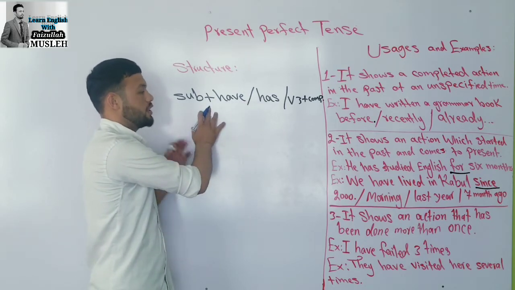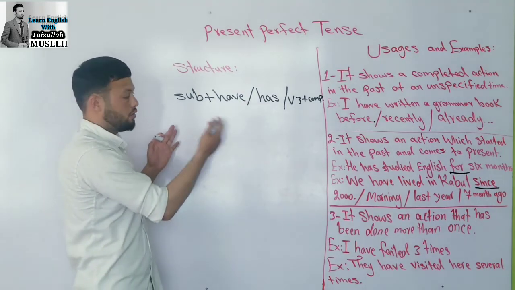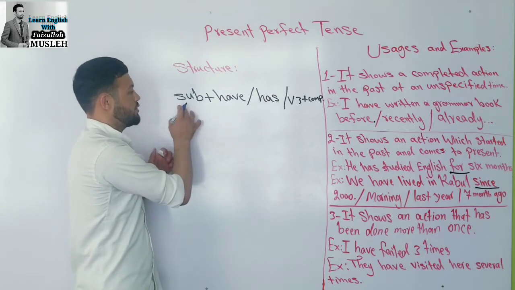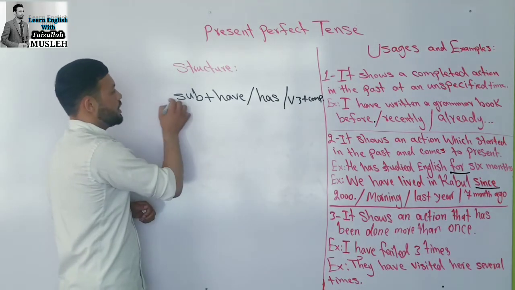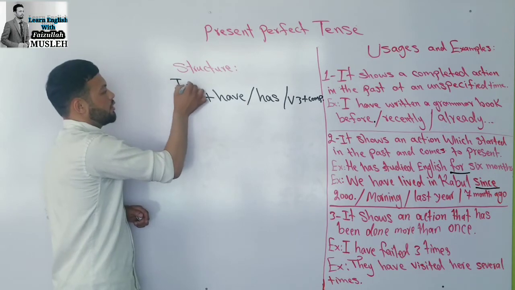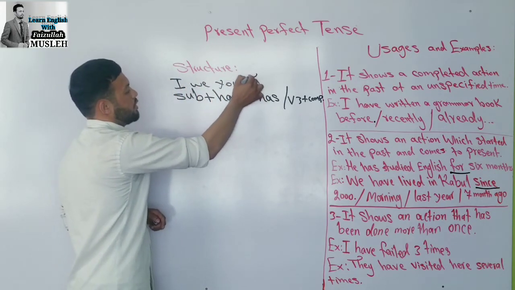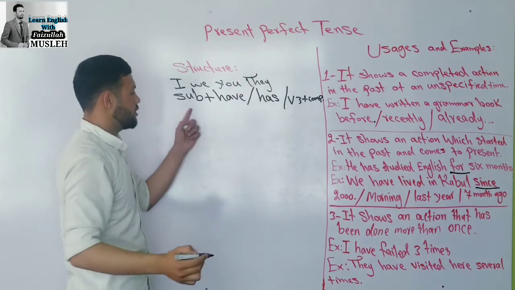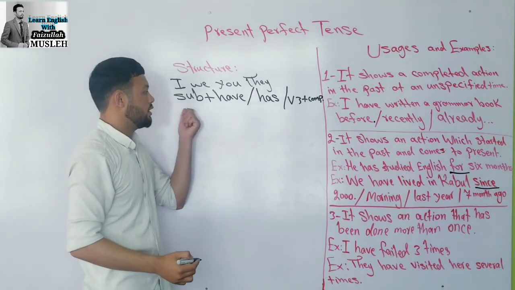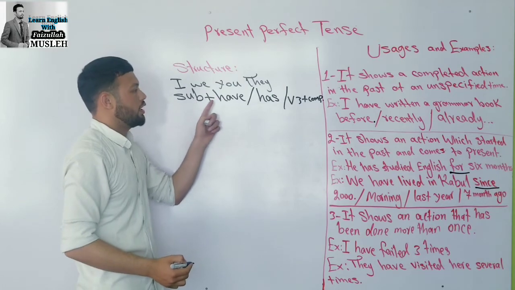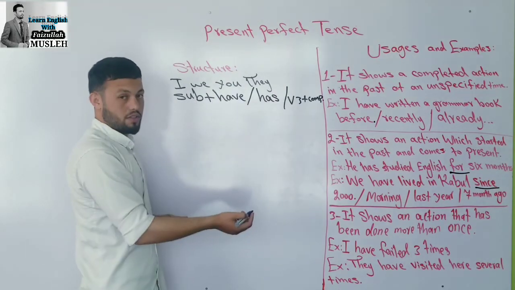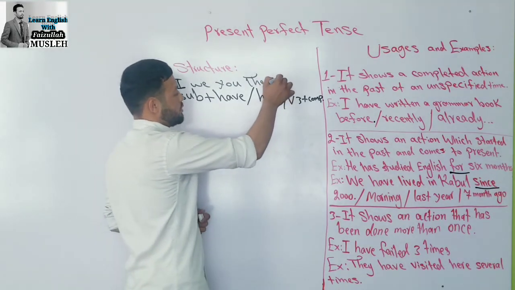Because if the doer of an action, or if our subject is I, we, you, they, I'll write it here. I, we, you, and they. If they are the subject, we use have after one of them. And if he, she, it is the subject, we use has for that.